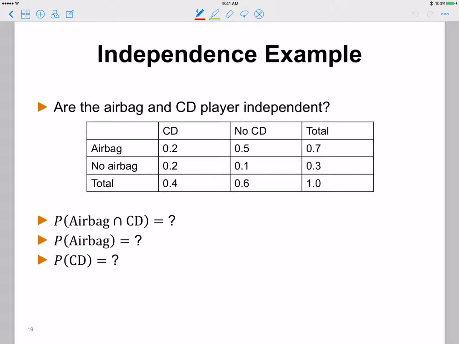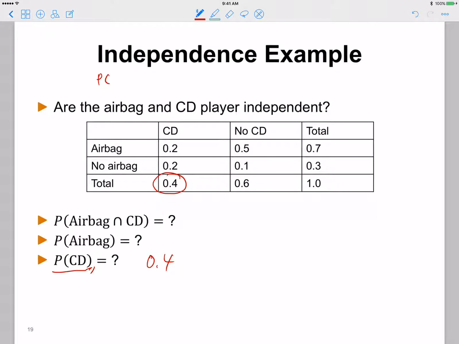Okay, and then let's look at this example, and using this example, let's try to understand the independent situation. Let's consider maybe the last thing first, P of CD. It's a used car example. What is the probability of having a CD player when picking up a used car randomly? It is 0.4, right?